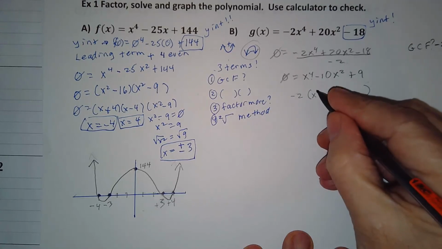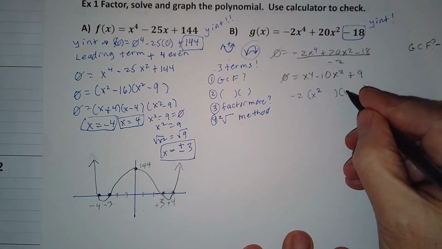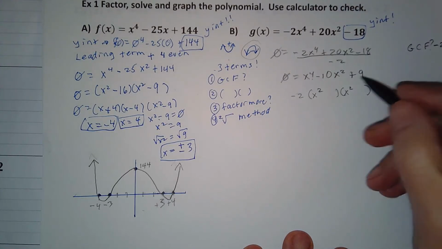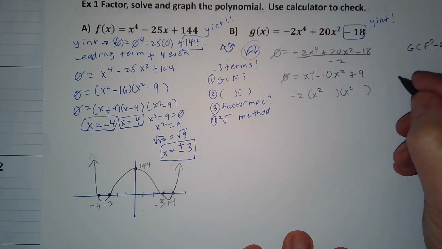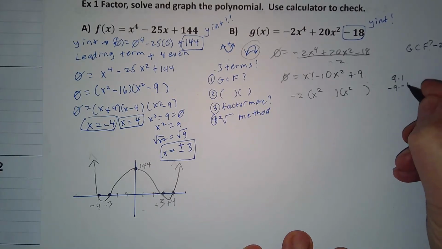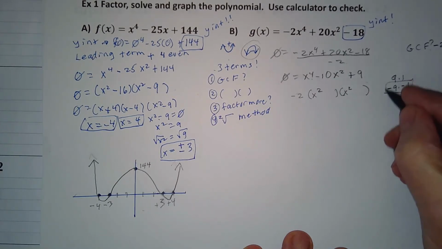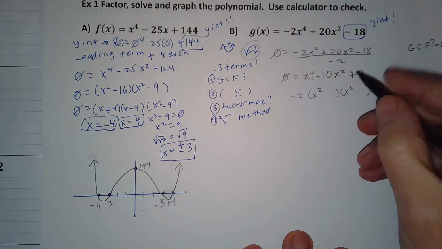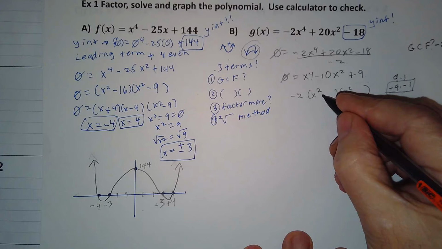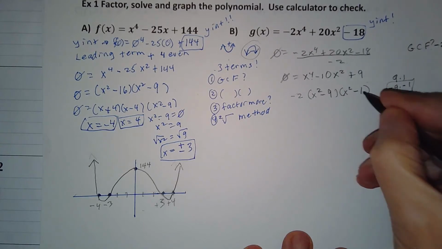So that's x squared times x squared makes x to the 4. And then what times what equals 9 when added together equals negative 10. Let's see, our choices are 9 times 1, negative 9 times negative 1. Well, there it is right there, because that adds up to negative 10. So we would have negative 9 and negative 1.